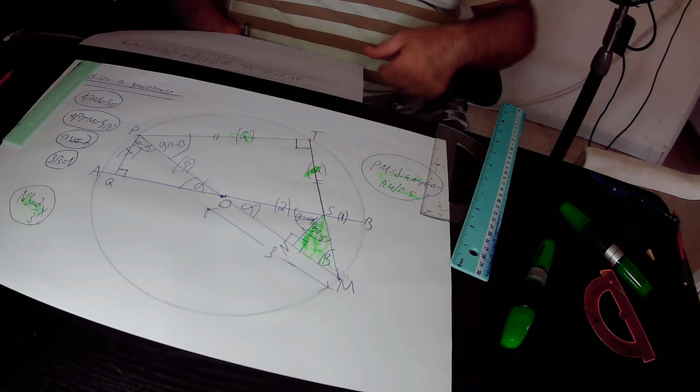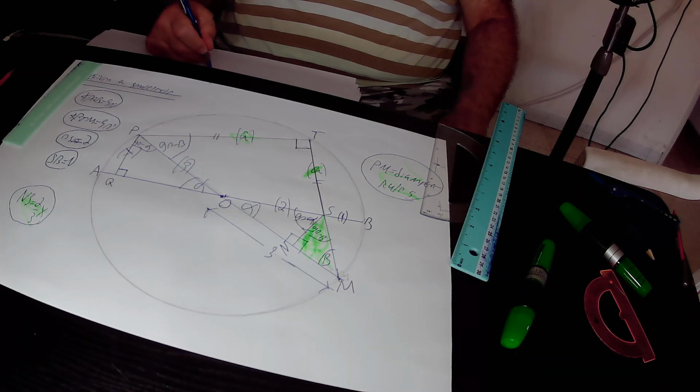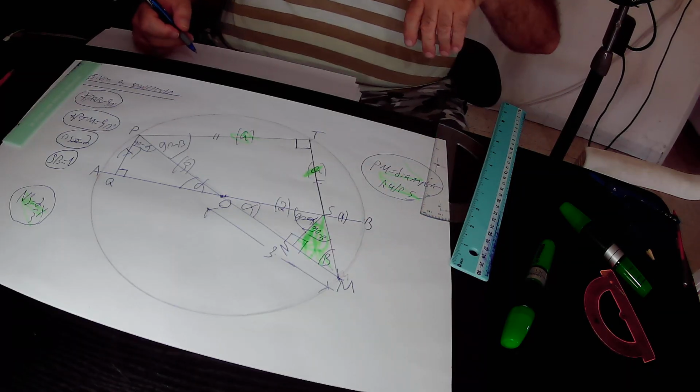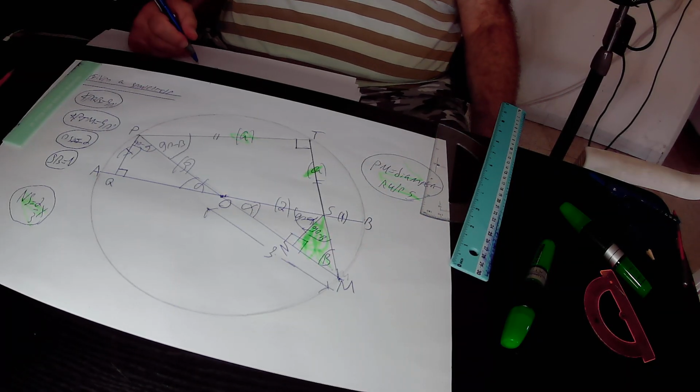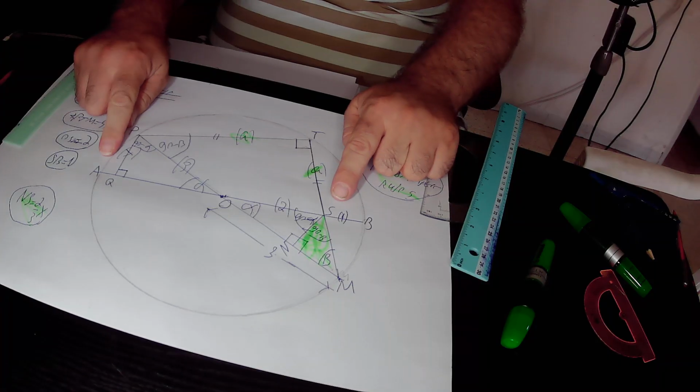TS is A according to our definition. SM is the missing side, so we leave it as it is. And it is equal to AS.